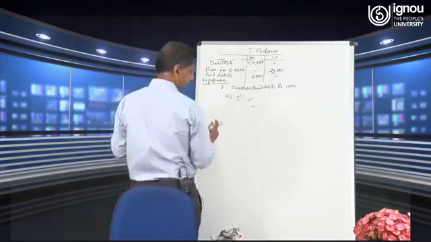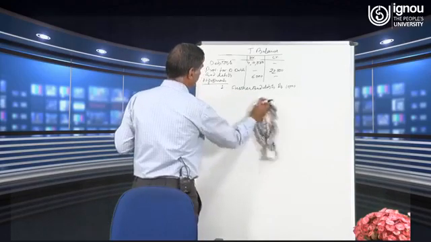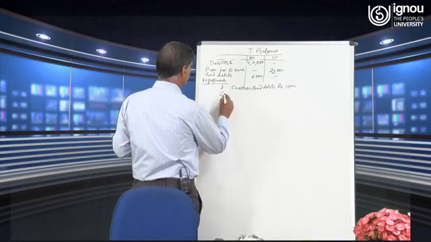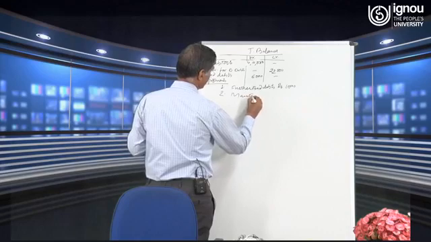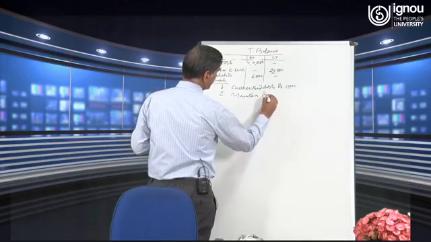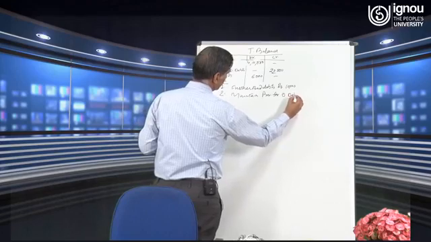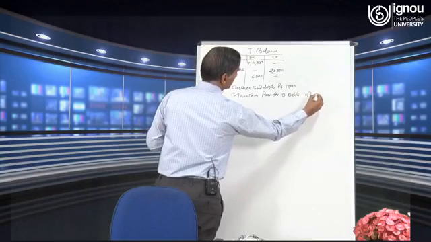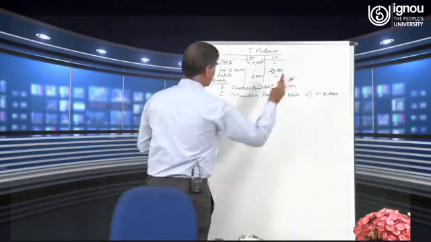And the second adjustment is to maintain provision for doubtful debts at the rate of 10% on debtors.